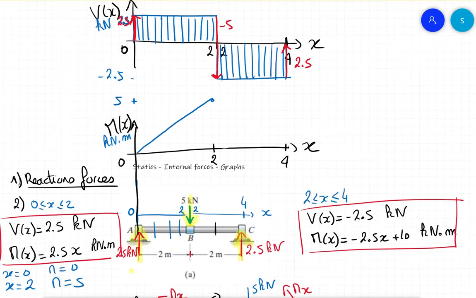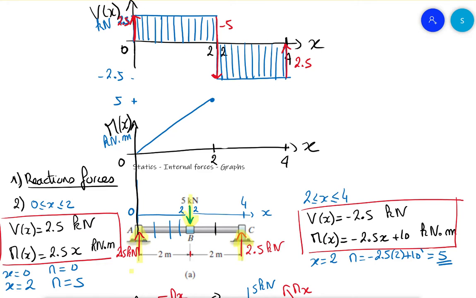And for this one, for x equal to 2, the moment is equal to minus 2.5 times 2 plus 10, and it's equal to minus 5 plus 10, which is equal to 5. Okay, and you find the same answer. You need to find the same answer because we do not apply an external moment.